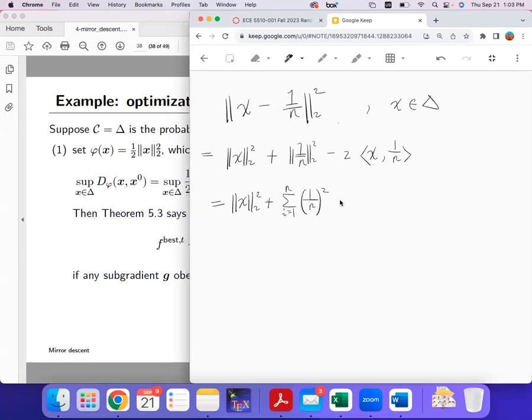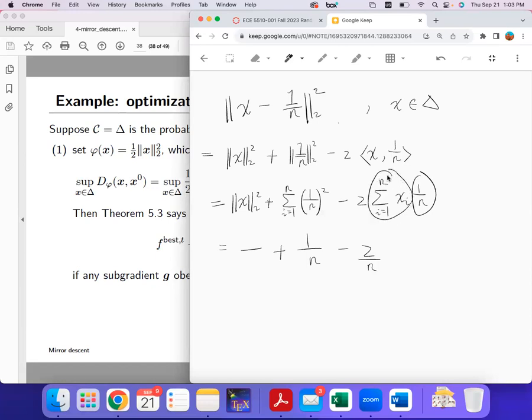So this gives 1 over n, and then the minus 2 times an inner product, which is a sum of x_i times 1 over n, i from 1 to n, because this is a constant vector. So this is 1 over n squared times n terms, which is 1 over n, plus 1 over n minus 2 times a constant 1 over n, so it's 2 over n.